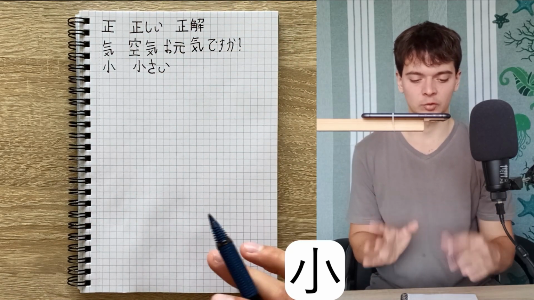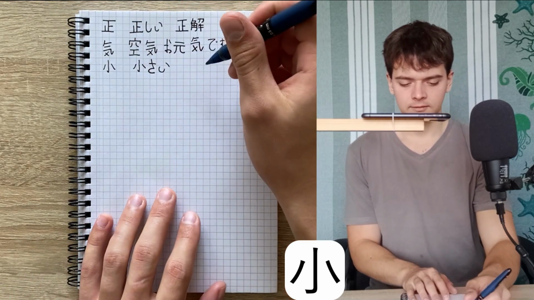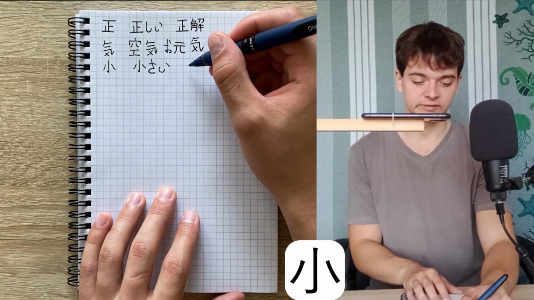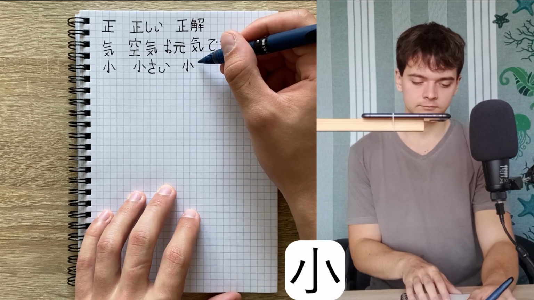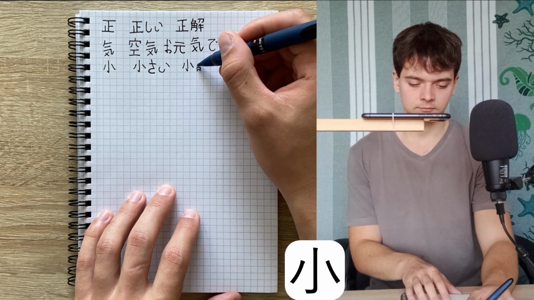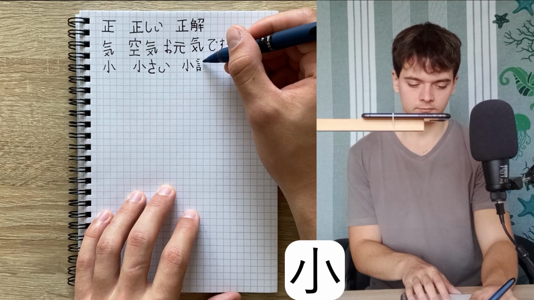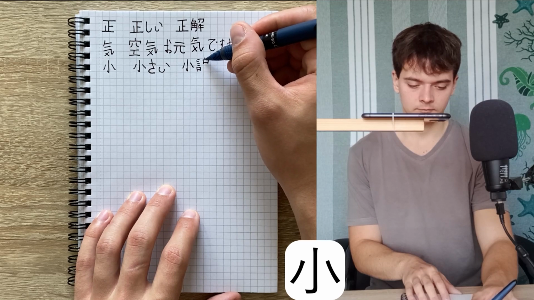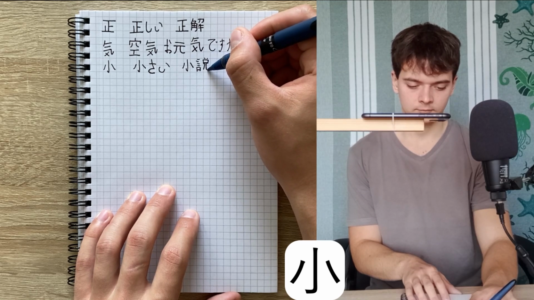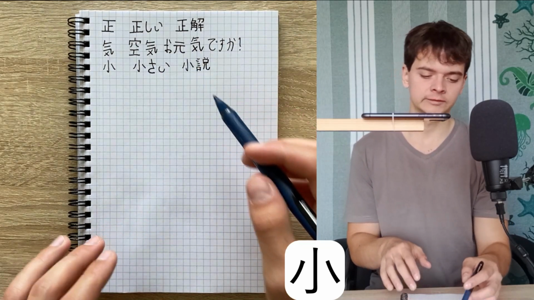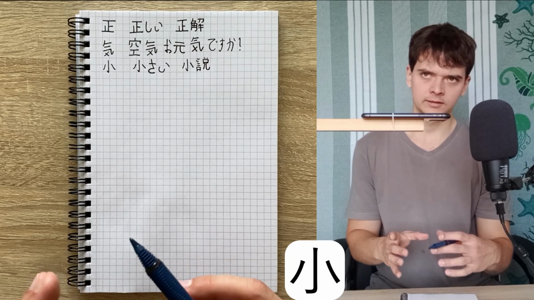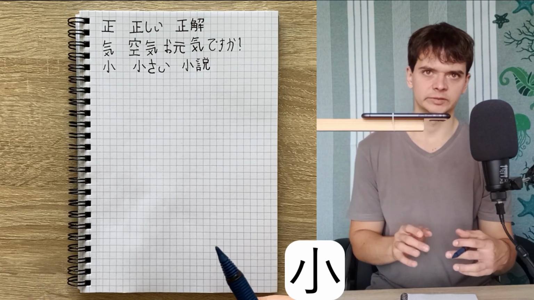Chisai means small, or in the word shosetsu. Shosetsu means novel. It's used here as the small because novels can be pretty short.